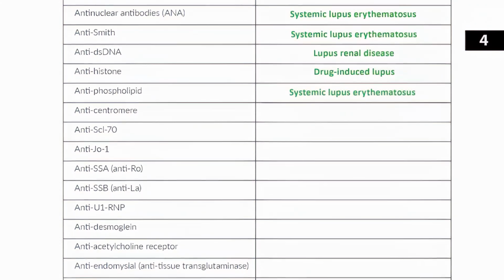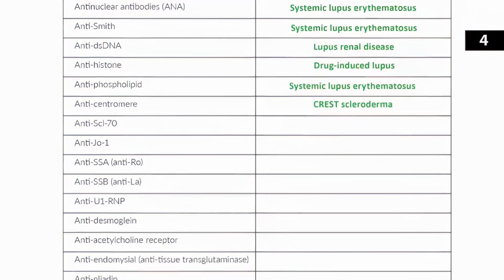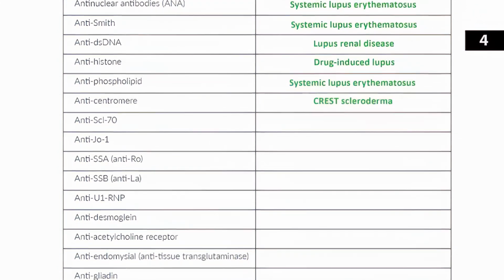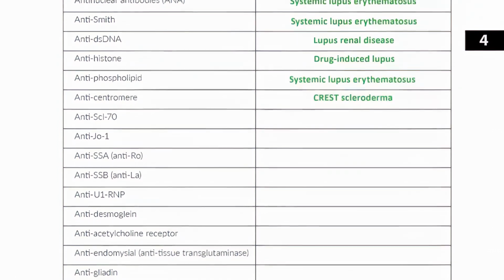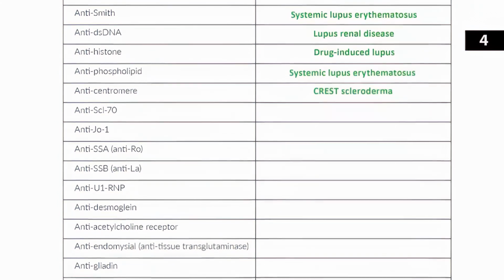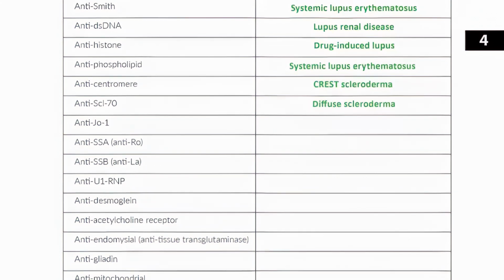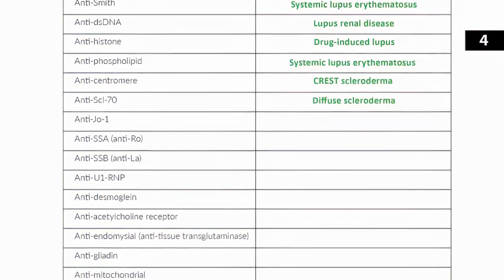Anti-centromere antibodies are seen in CREST scleroderma. So the C in centromere, C for CREST scleroderma. Anti-Scl-70 is pretty easy. That's because Scl stands for scleroderma, diffuse scleroderma. The other name for this is anti-DNA topoisomerase.